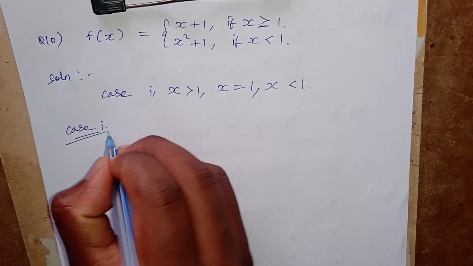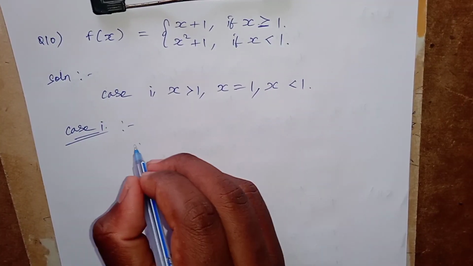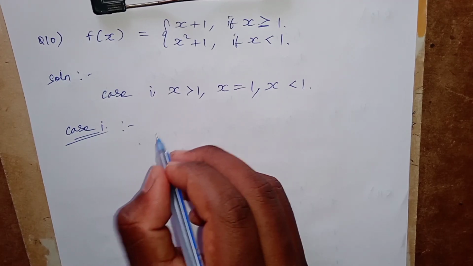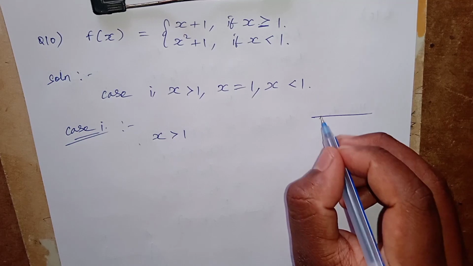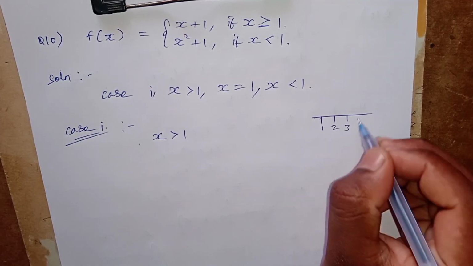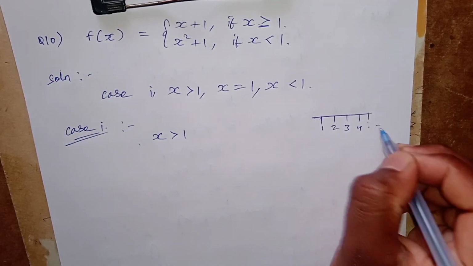Case 1. Here, x greater than 1 means you can take any values, 2, 3, 4, up to plus infinity.